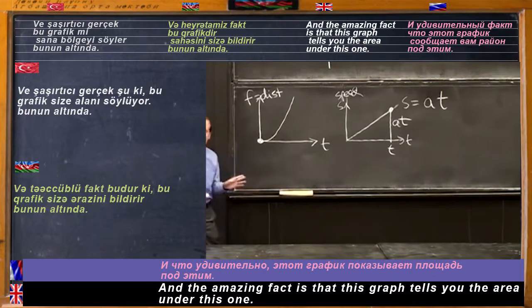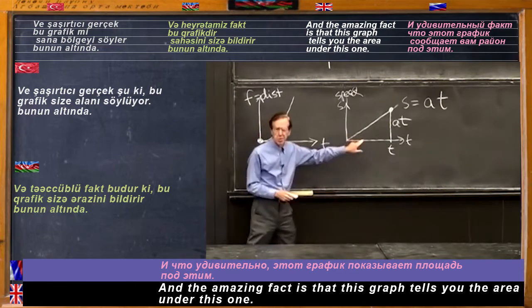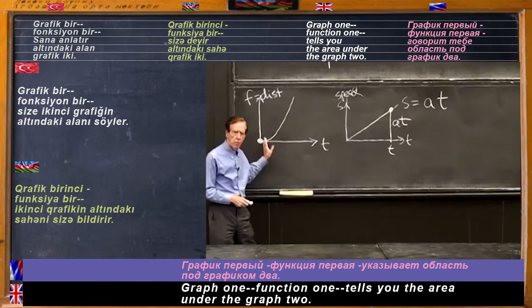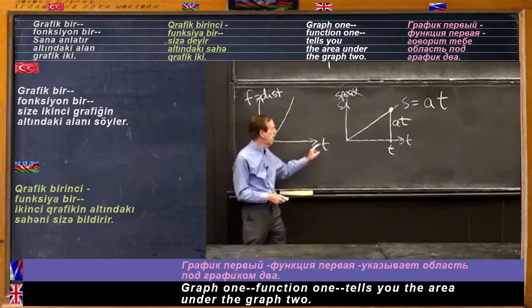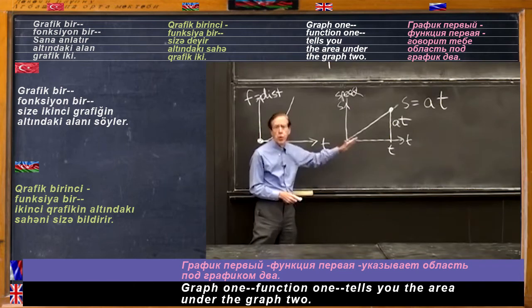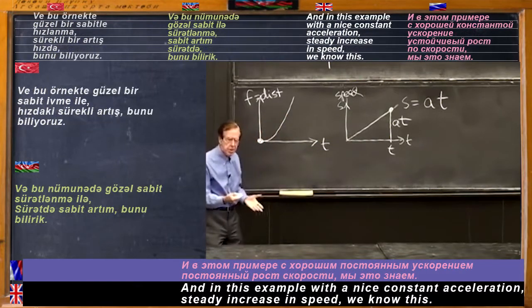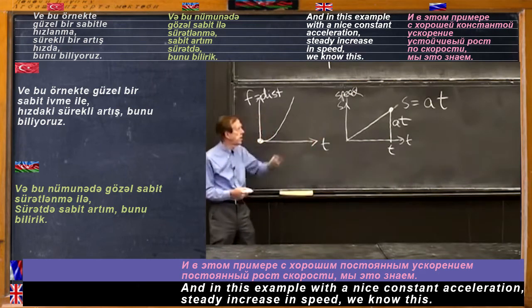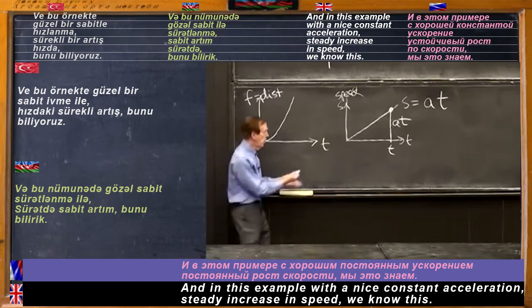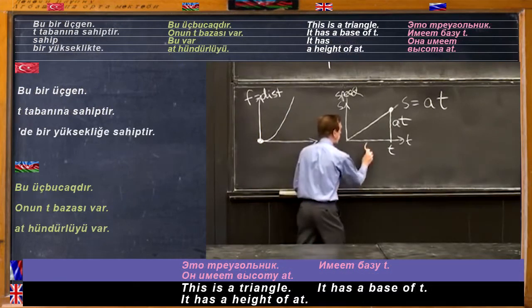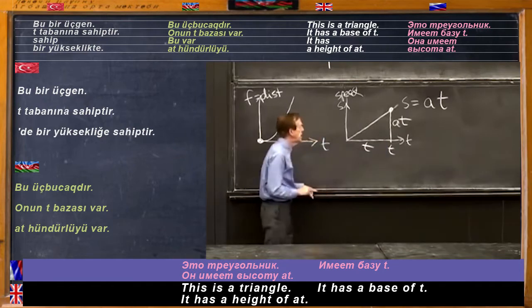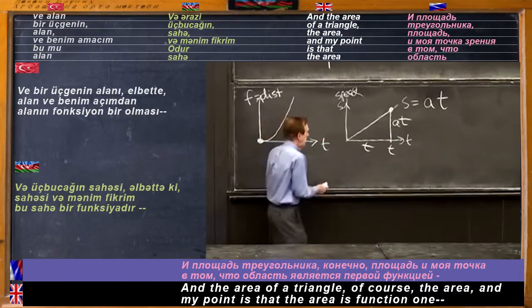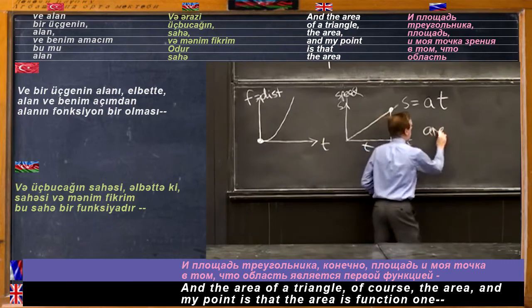And the amazing fact is that this graph tells you the area under this one. Graph 1, function 1, tells you the area under graph 2. And in this example, with a nice constant acceleration, steady increase in speed, we know this is a triangle. It has a base of t, it has a height of at, and the area of a triangle, of course, is 1/2 of the base times the height.